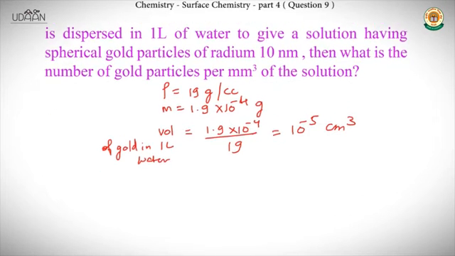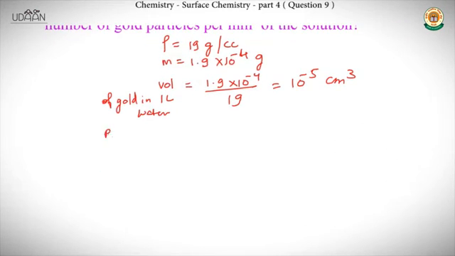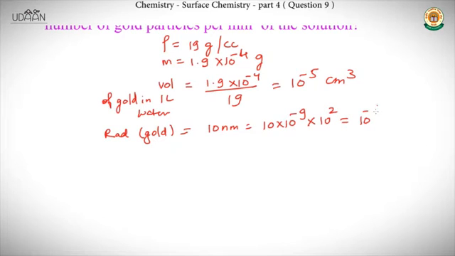Now, the radius of the gold particles is given as 10 nanometer, which can be written as 10 into 10 raised to the minus 9 meters. If I want to convert it into centimeters, I'll multiply it by 100. So I'll get 10 raised to the minus 6 centimeters. Now, if I know the radius, I can calculate the volume of one gold particle, using 4 by 3 pi r cube.